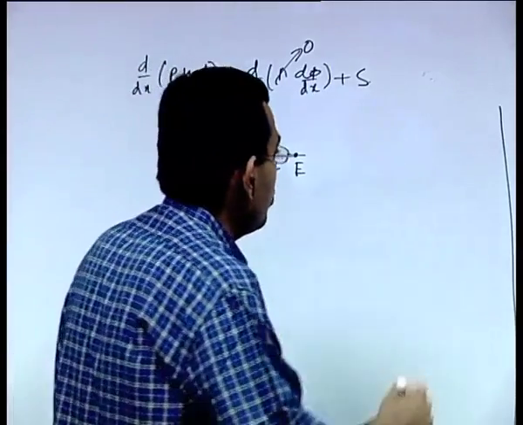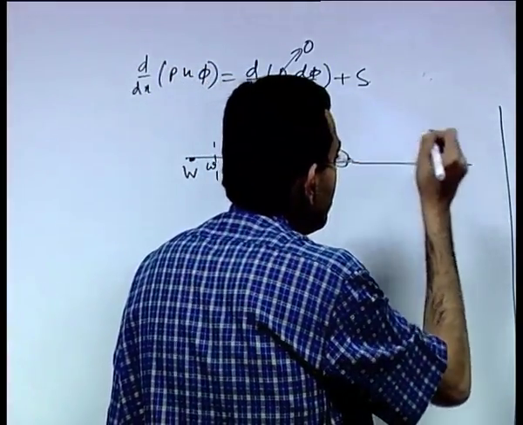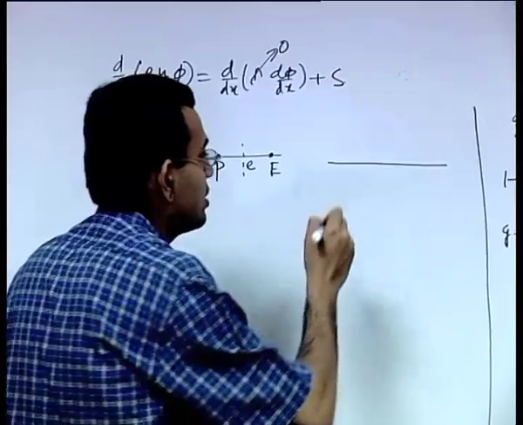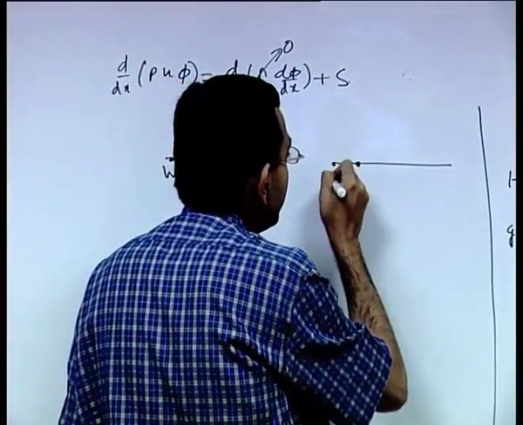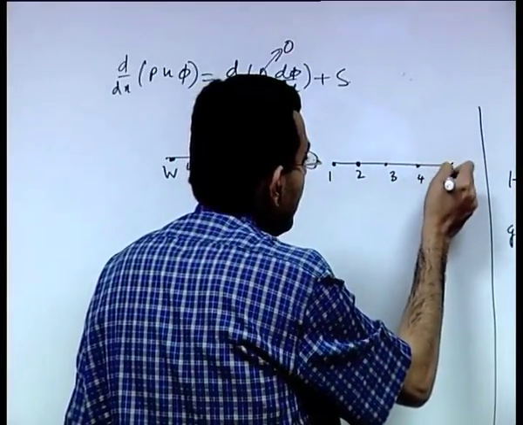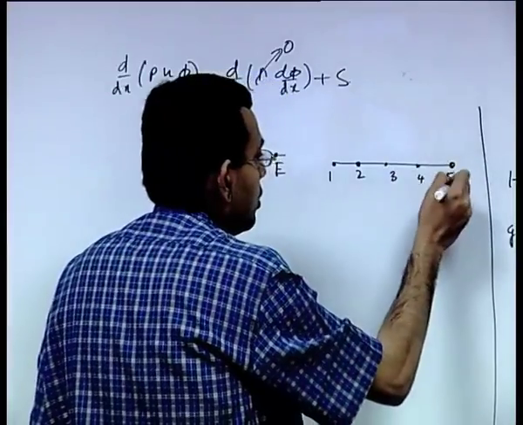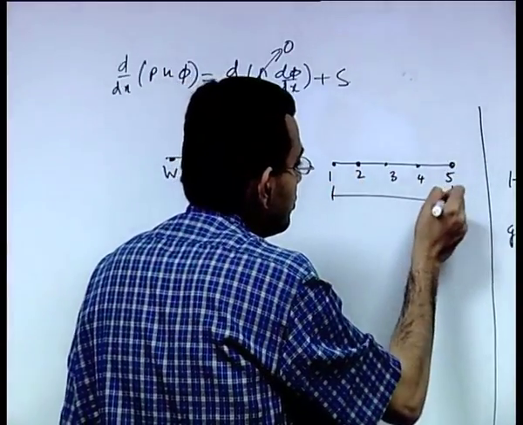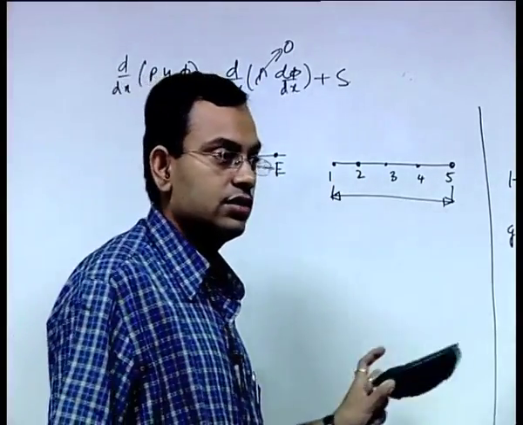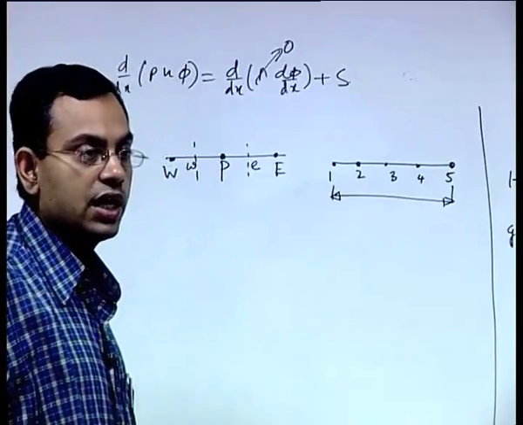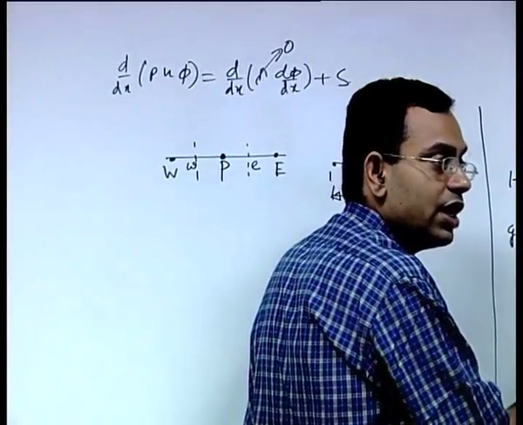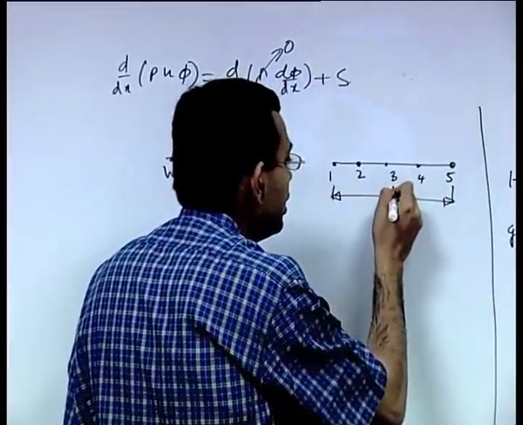So physically, you are asked to use 5 grid points. So let us take 5 grid points uniformly spaced 1, 2, 3, 4, 5. What is this total length y? Non-dimensionally 1, because y is x by L. Remember, we are not using x as a coordinate, we are using y as a coordinate. So this total length is 1.